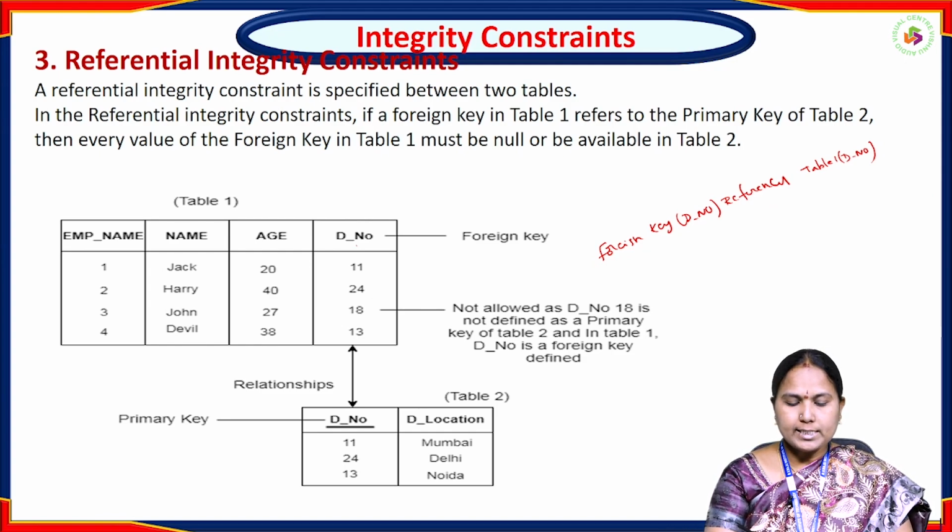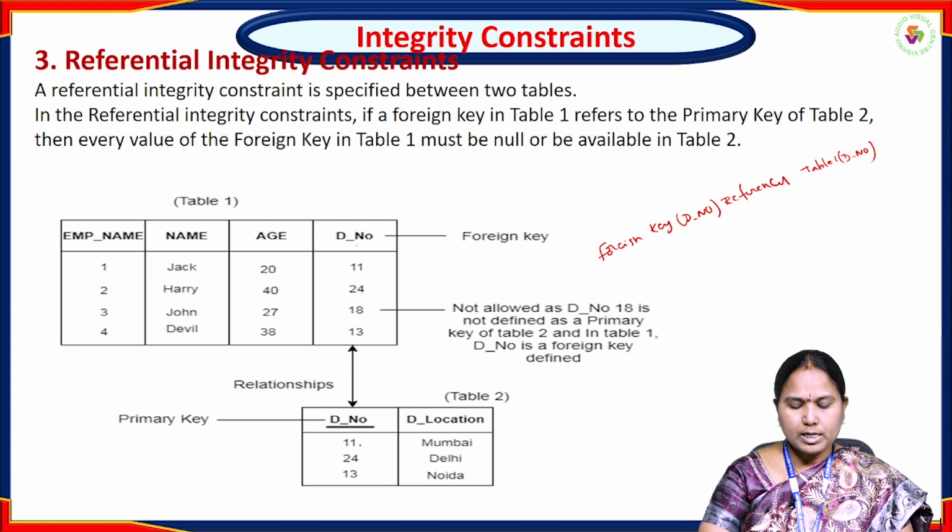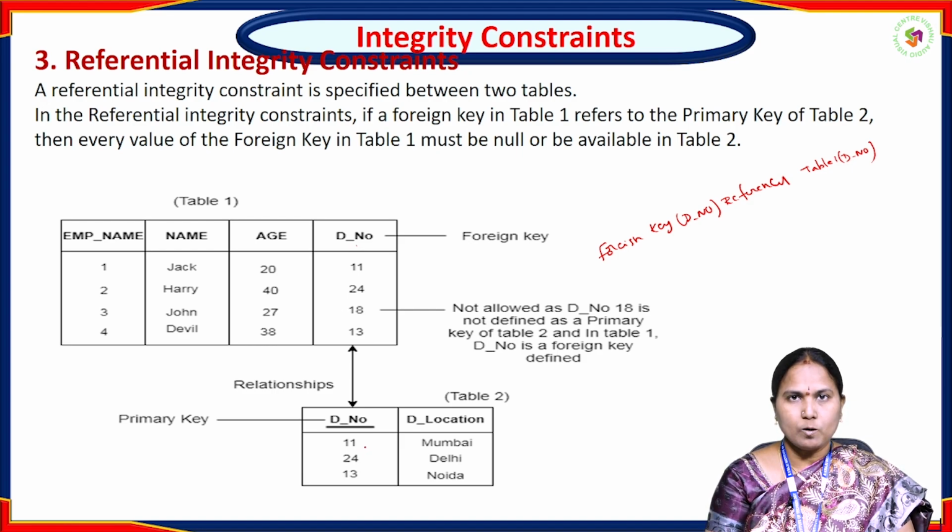Okay, it can be established. See here, in the primary table the department numbers are 11, 24, 13. These are the acceptable department numbers. The reference table's first row has 11. Whenever I enter 11 as a department number in the foreign key table, it automatically verifies whether the value is present in the primary table or not.